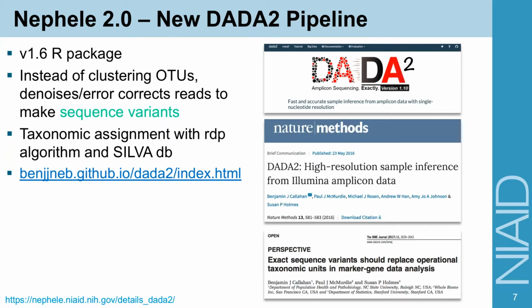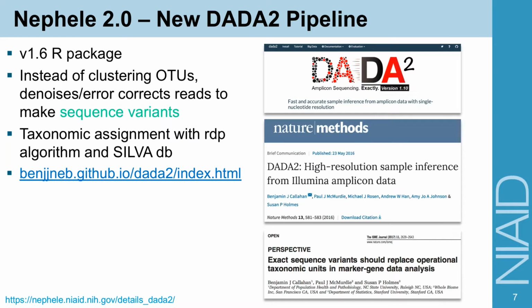So the new DADA2 pipeline that we have is running the original DADA2 authors' R package. So for people who might not be familiar with this algorithm, instead of doing OTU clustering the way that QIIME 1 and Mothur do, it instead does denoising and error correction of the read sequences.